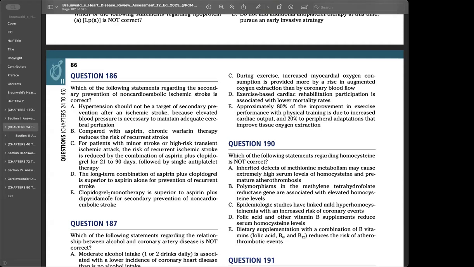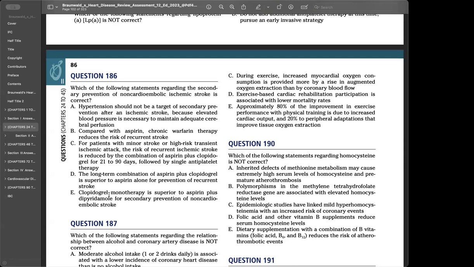statement. So option A, inherited defects of methionine metabolism may cause an extremely high level of homocysteine and premature atherosclerosis. This is the true statement.